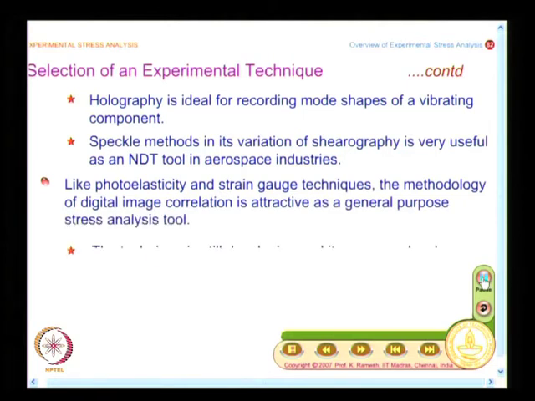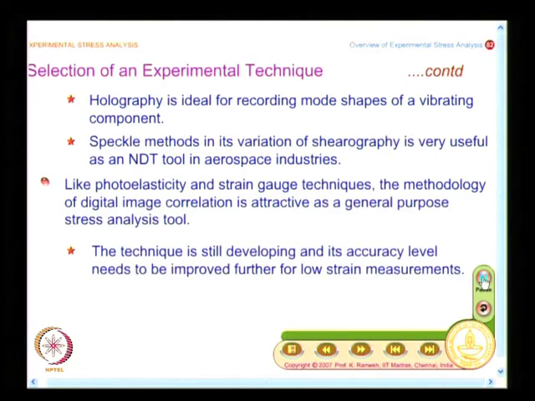And what you need to look at is, I have been saying photoelasticity and strain gauges are general purpose tools. On similar lines, methodology of digital image correlation is also attractive as a general purpose tool. The technique is still developing and its accuracy level needs to be improved further for low strain measurements.